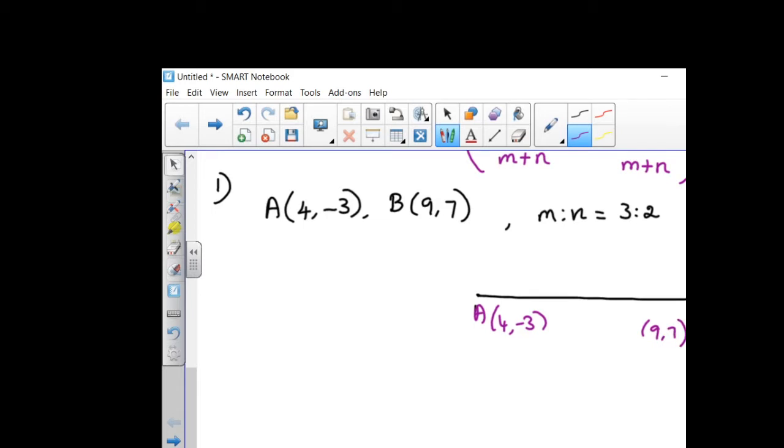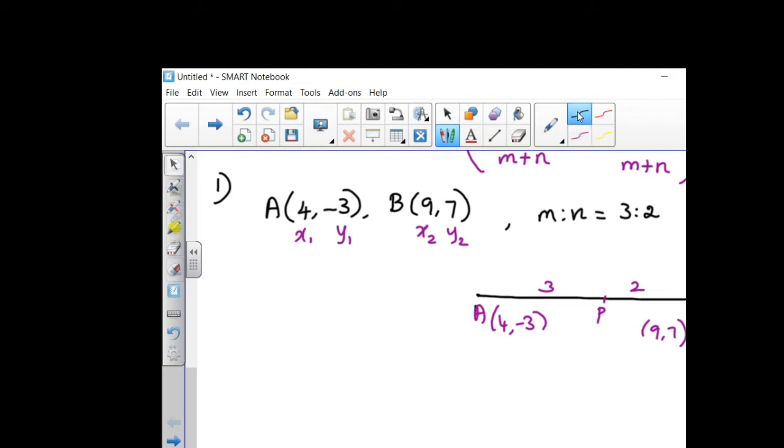Then the ratio m is to n, you can take it as 3:2. This point P we are going to find. This is x1, y1 and this is x2, y2, and m is to n is 3:2. Now we are going to apply the section formula. So what do we have to write?